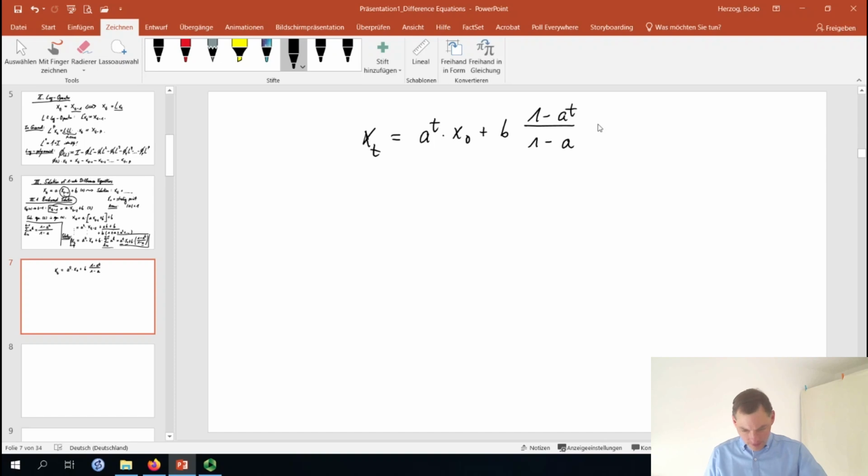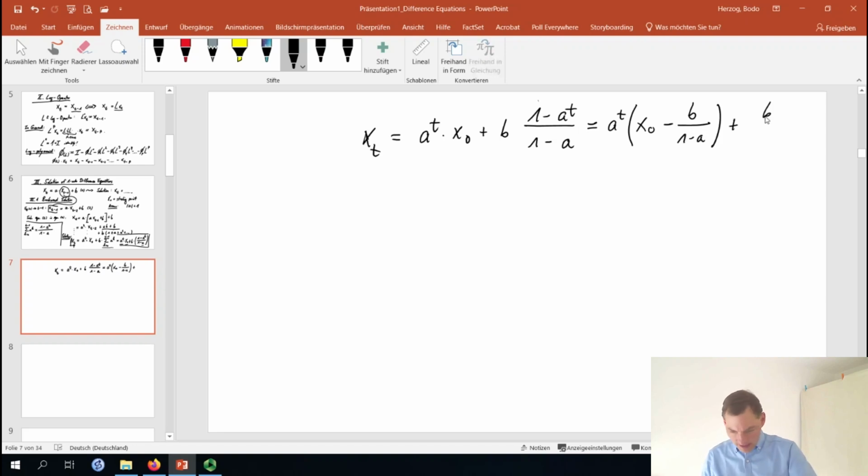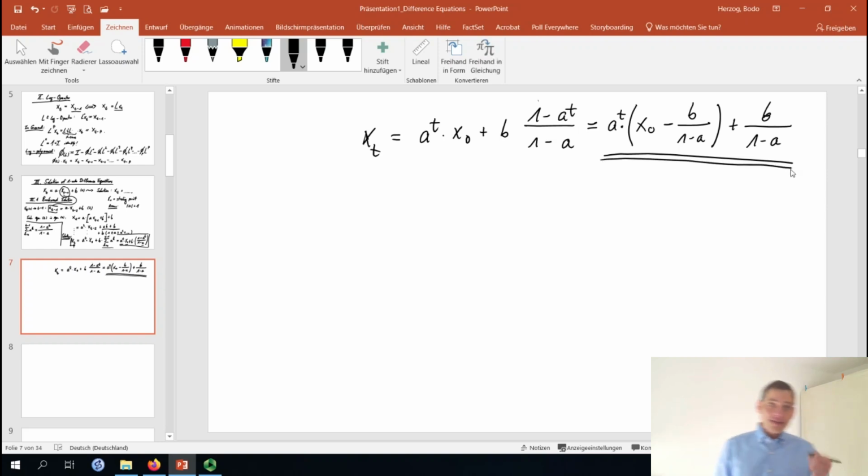So let me rewrite this a little bit and factor out the a to the t term. Then I have here x0 minus b over 1 minus a, and then I also have plus b over 1 minus a. So this is just another form to write it down, but in a moment you will see why this form is a good form, and it has some advantage.